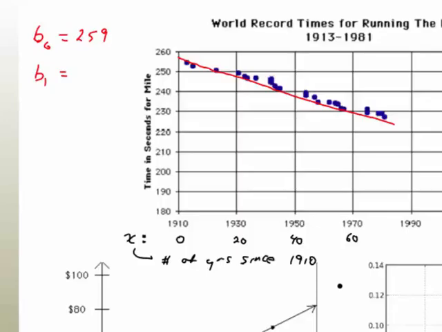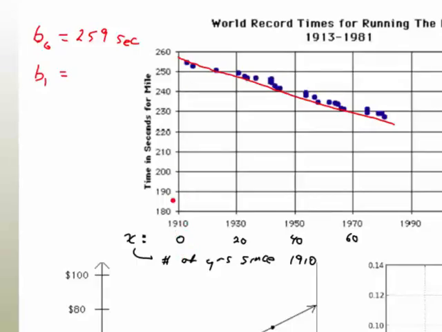It took people 259 seconds to run it. That was the best time. So 259, that's seconds, and it's the value of the y variable when x is 0.